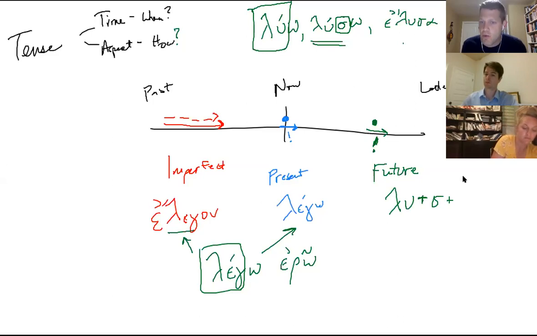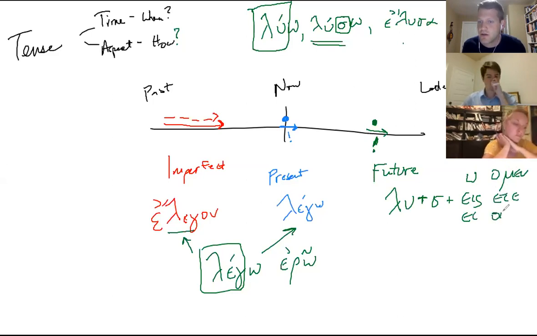So for example, we'd see luso, luseis, lusei, lusomen, lusete, lusousi. The same exact endings. Lu didn't change, we just added this sigma. That would be the future active indicative.